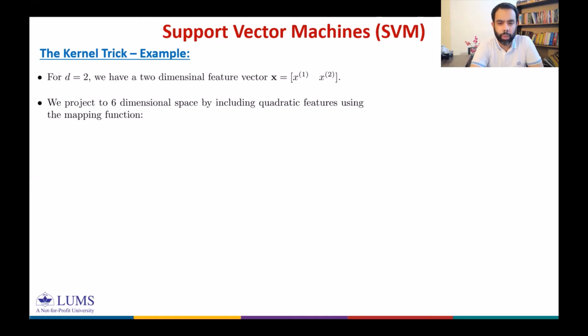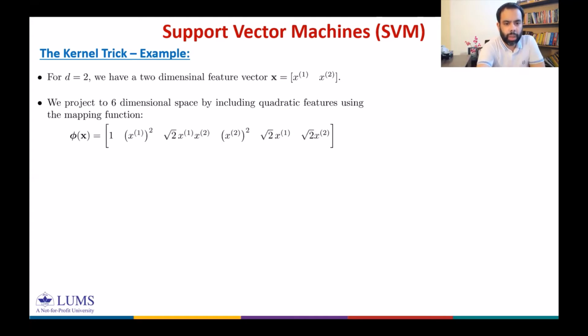Previously we had x1, x2. Now we have the square of x1, the square of x2, the cross term x1 times x2, and we also add 1. So this mapping is from two-dimensional space to six-dimensional space.